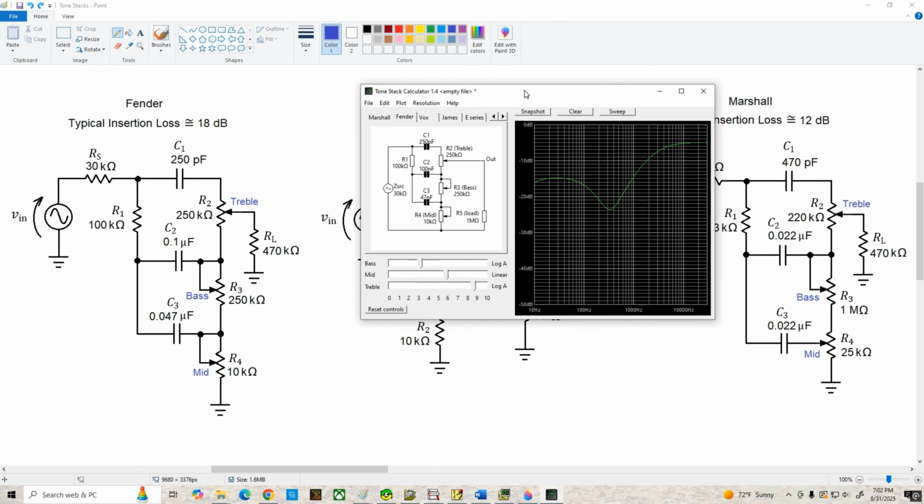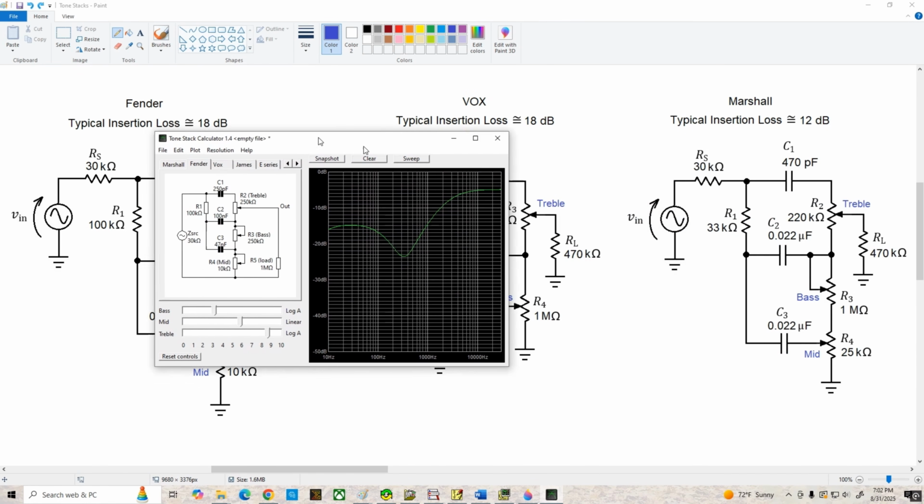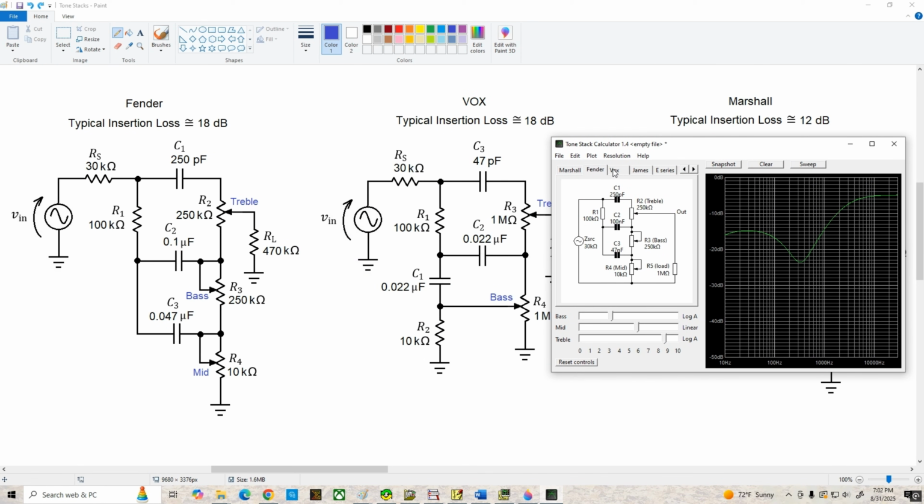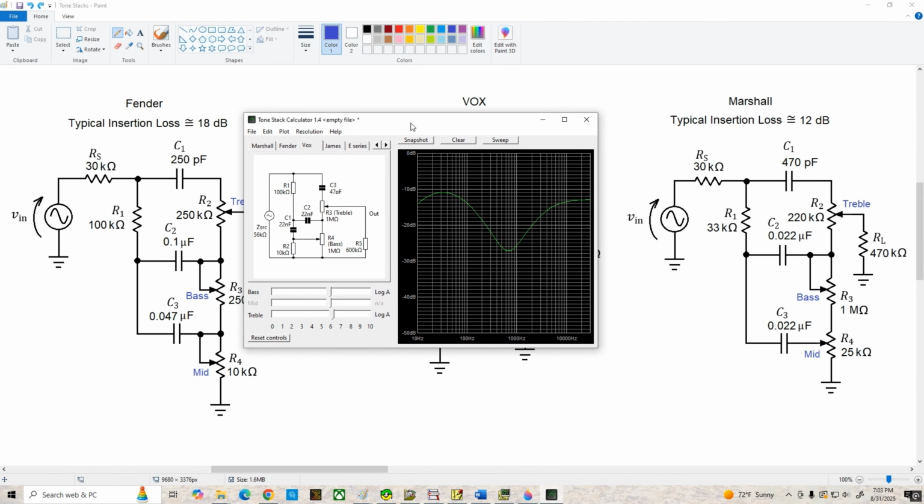Now in the center here we've got the Vox, so I'll move this over a bit and we'll open the Vox. It's the same topology here, and again we can look at the response for different settings of the pots, and if we want to, we can change the values of any of the components here. And lastly, here's the Marshall stack. If we click on that tab, we've got this circuit.